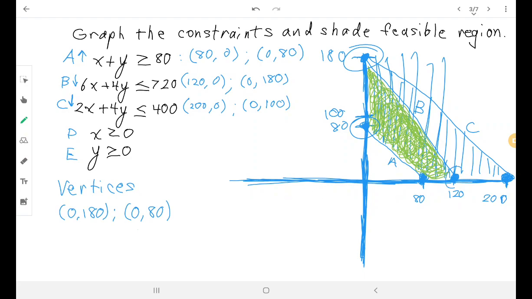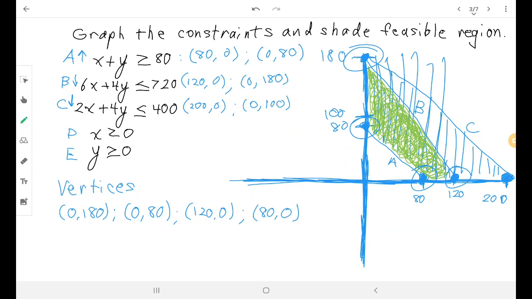There's one at 120, 0, right there. And there's one at 80 and 0, right there.